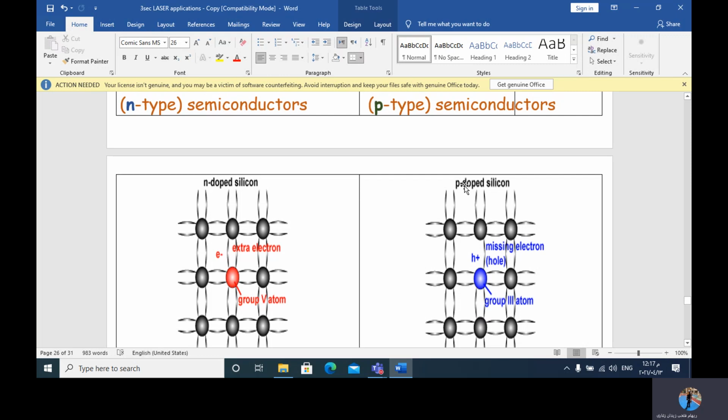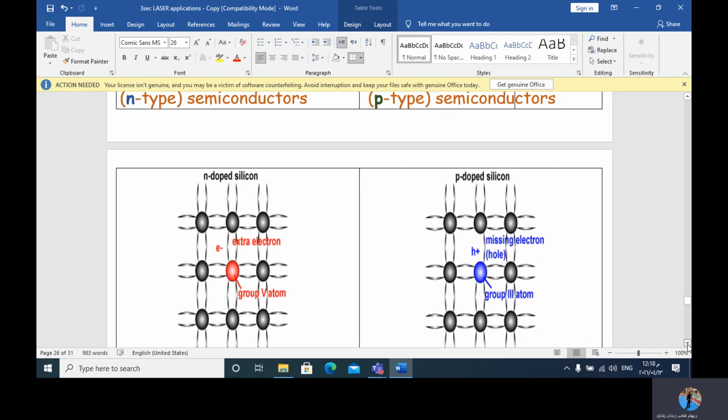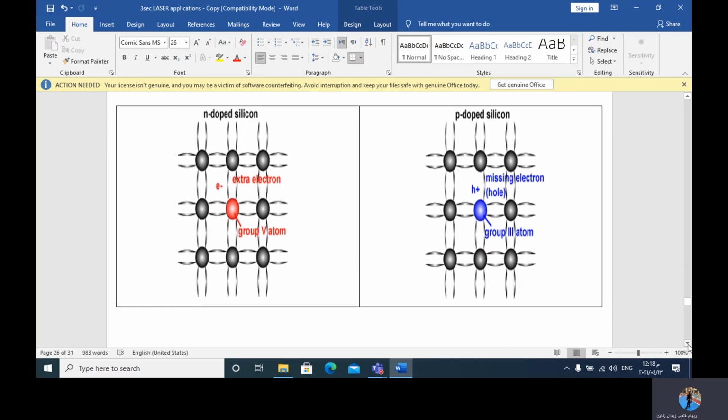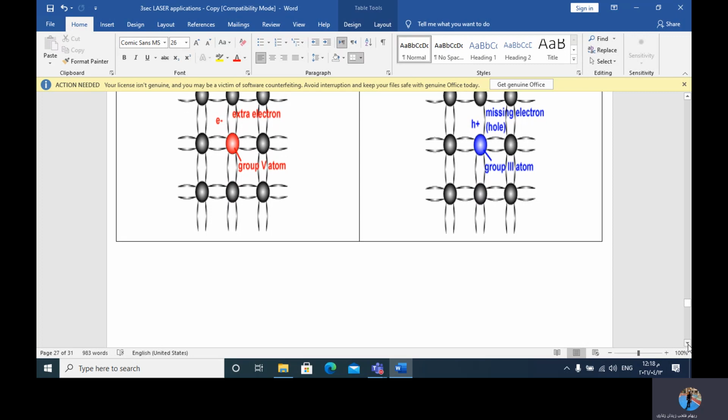On the other hand, if you have p-doped silicon, you get the impurity atom from group 3, for example, that has 1 electron less than silicon. That's why the place of the missing electron is called a hole. This is the comparison between N-type and P-type semiconductors.